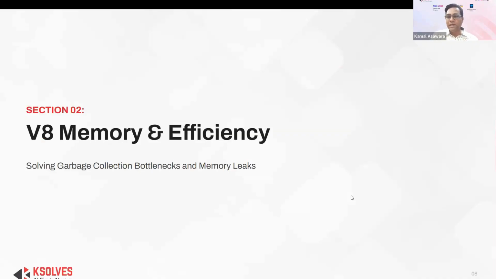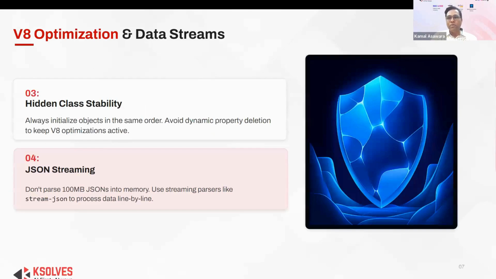Okay, the next thing, V8 memory. That is the V8 engine, the powerhouse which runs Google Chrome, and it is also behind your Node.js application. V8 memory management provides a very fantastic caching feature, so you should use it for your performance tuning. That is hidden class stability.